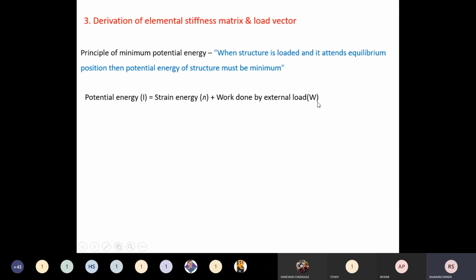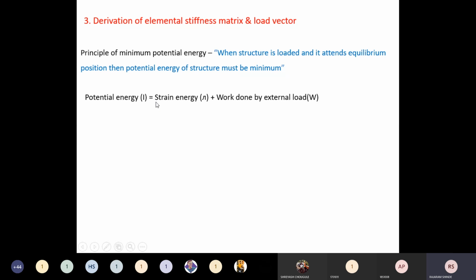Then there is the work done by the external loads. Now see here, when we consider the equilibrium condition, strain energy, that is internal resistance, is equal to the external load. Then your strain energy is equal to the work done by the external forces. But resistance and external load are opposite in nature.